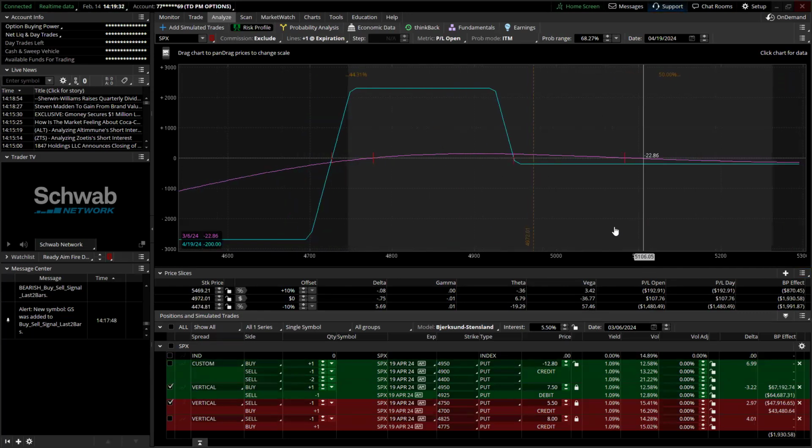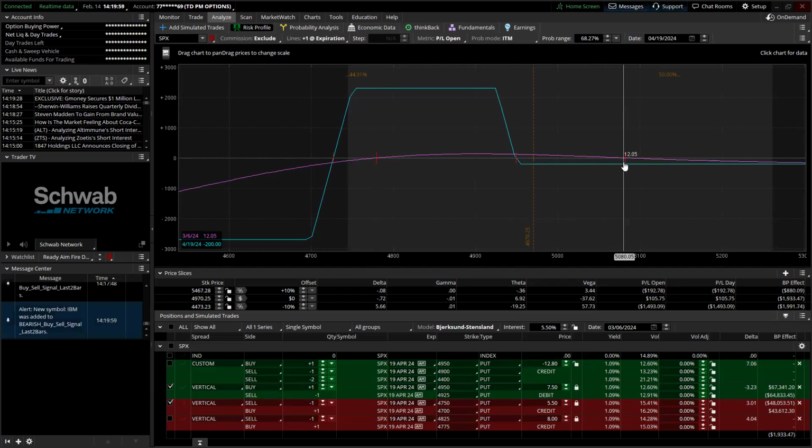If we move from where we are today up to about 50.83, this trade should still be at about a break even. If we move down to about 47.78, this trade could possibly be at a break even. Now, inside 47.80 and up to 50.80, right, this trade, you can see it.